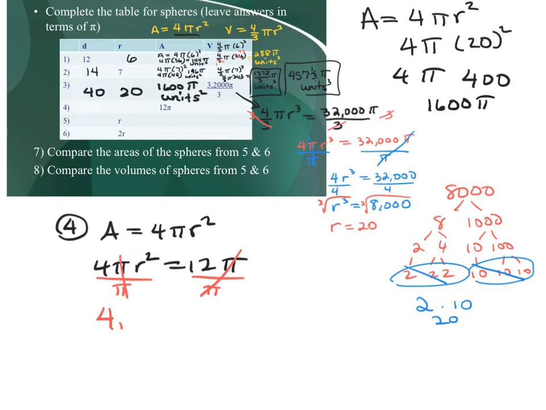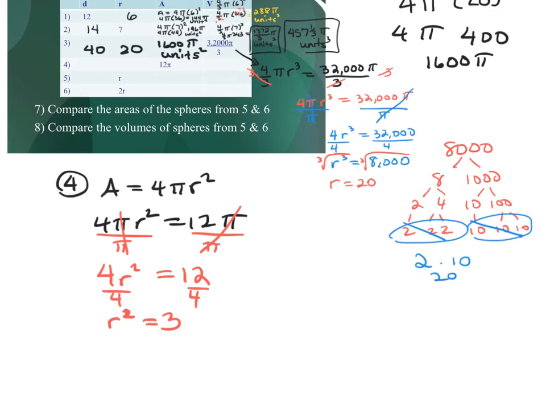I'm now left with 4r squared equals 12. Divide by 4. R squared equals 3. Square root both sides, and r equals the square root of 3. Normally I would get plus and minus, but I don't want a negative radius, so I'm just going to leave the radius to be square root of 3.